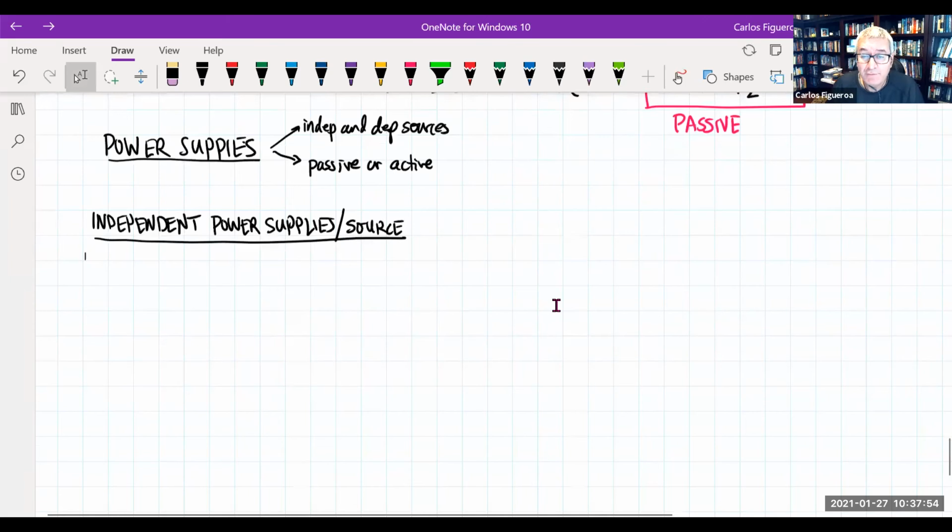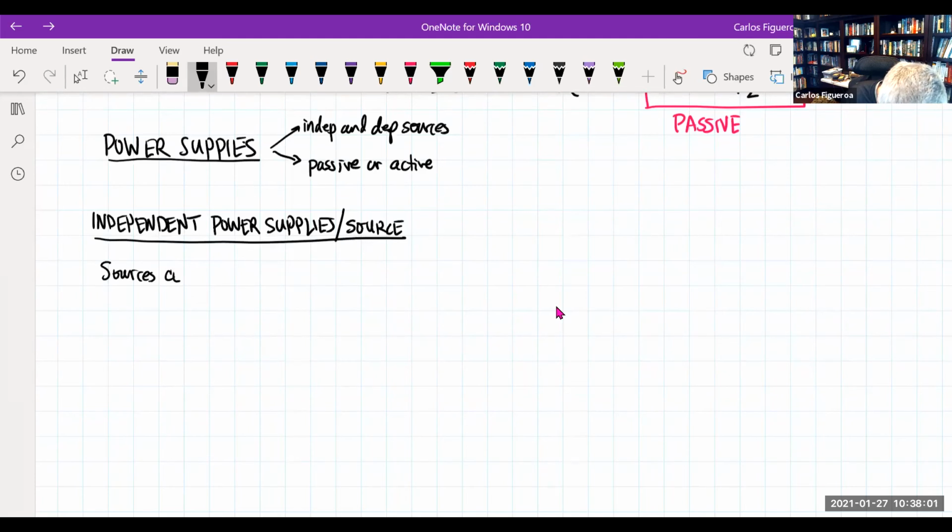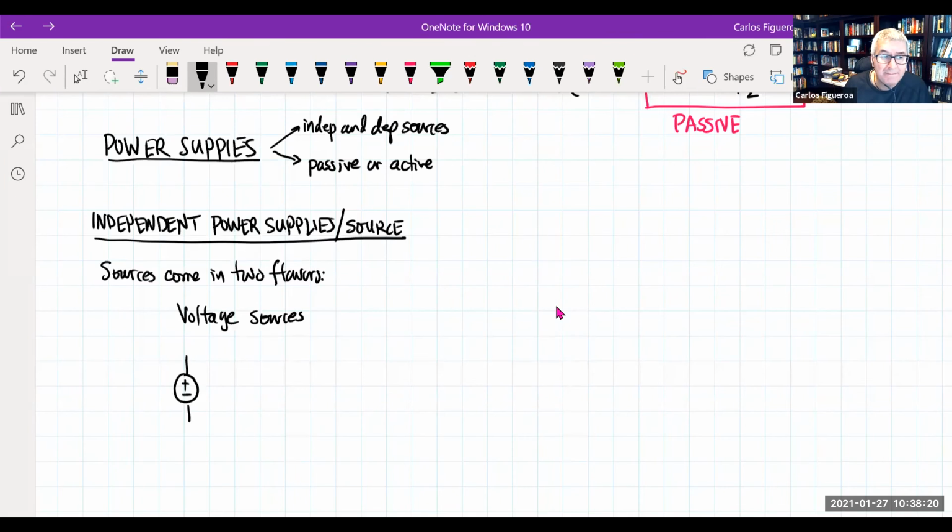So sources come in 2 flavors. There are voltage sources. When I think about voltage sources, I can have an active source. What do I mean by an active source? That means that the current goes where?